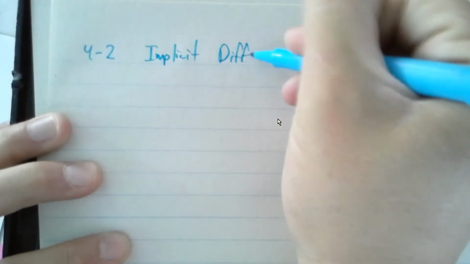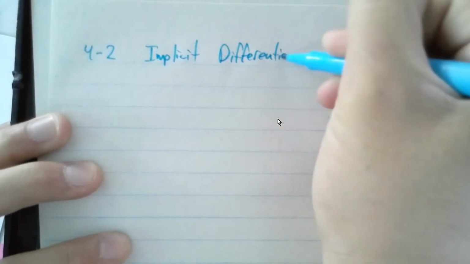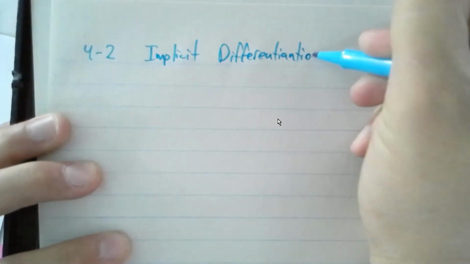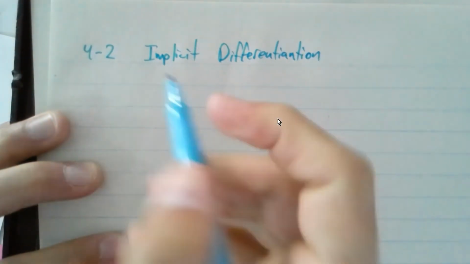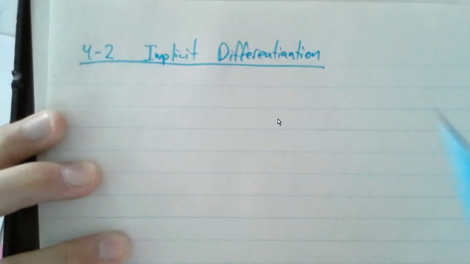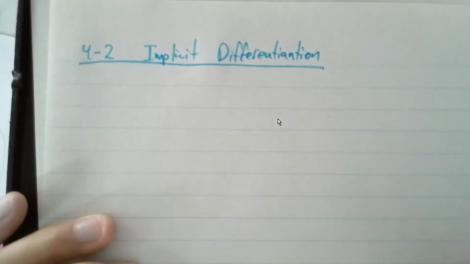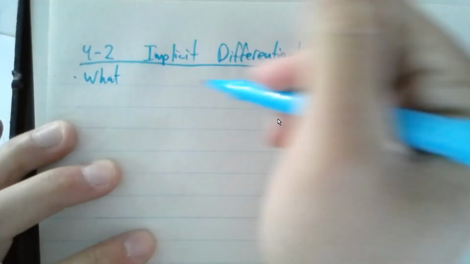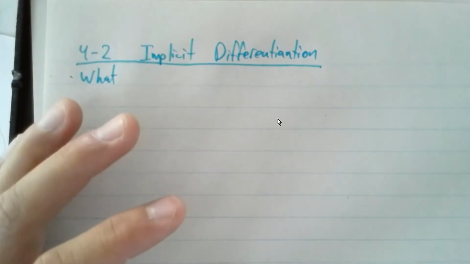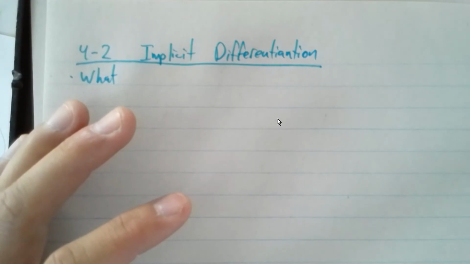Implicit differentiation. So we won't jump into an example problem right away. Our first note is we're going to learn this weird technique. The first few notes that you're going to take, you're going to wonder, why is this beneficial?